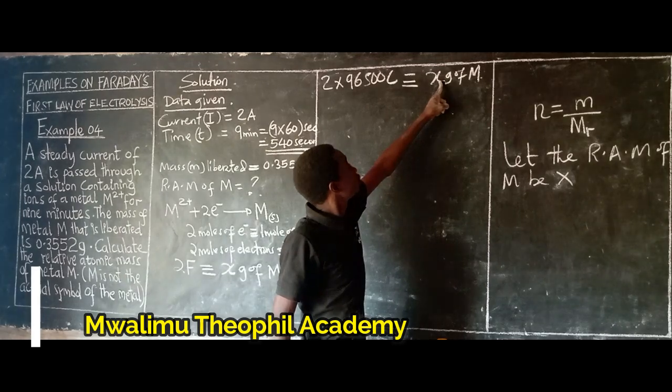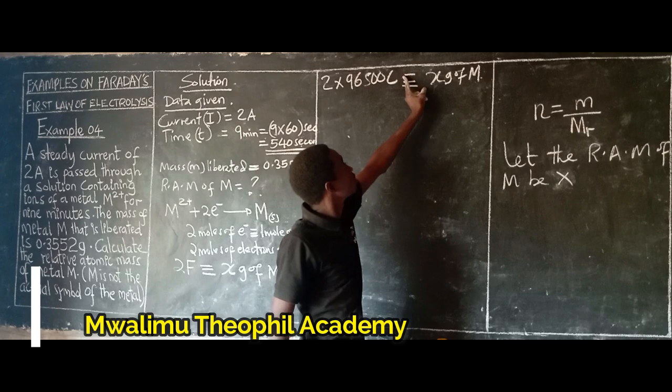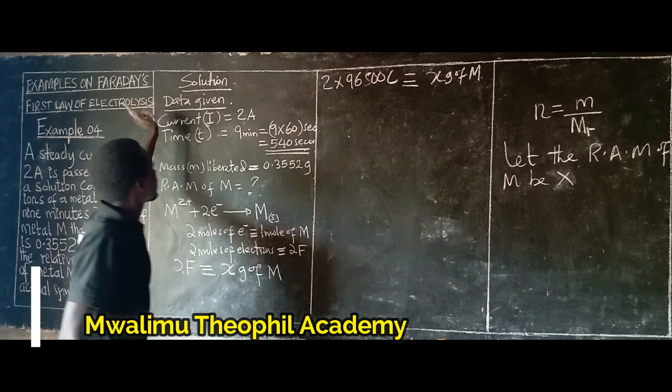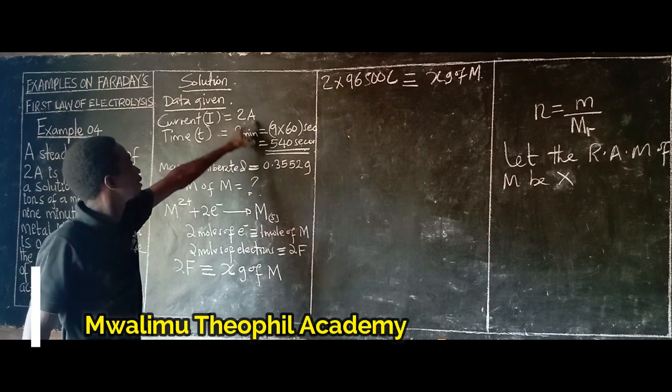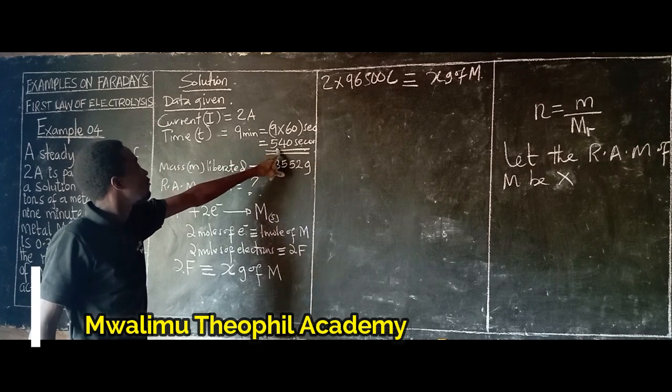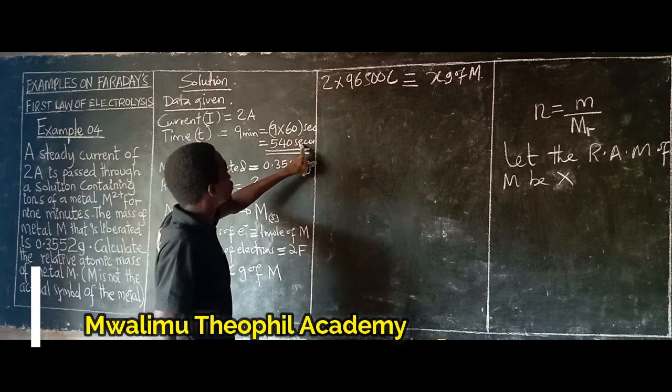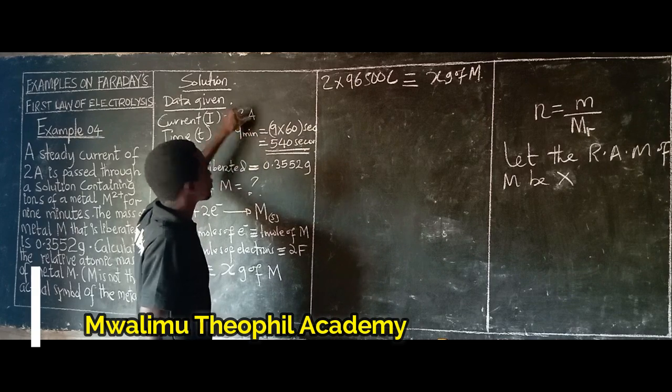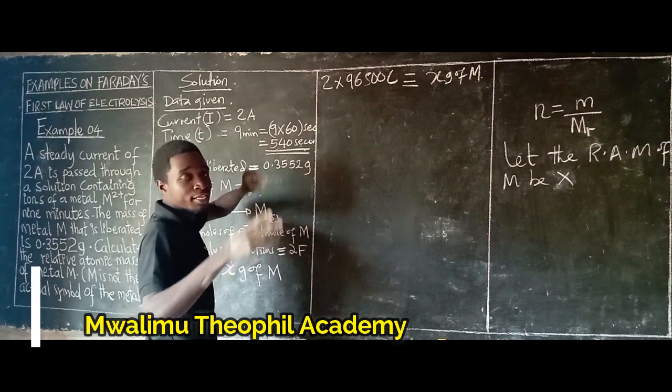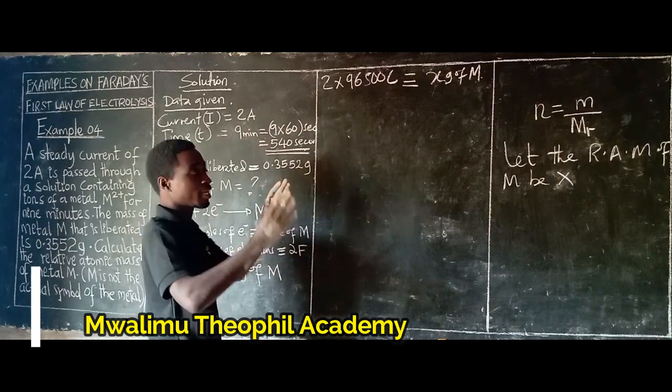So you have to remember here we are going to relate this equation with the data given. The data we have: current of 2 ampere and time of 540 seconds. To relate these two values into coulombs, we take current times time.